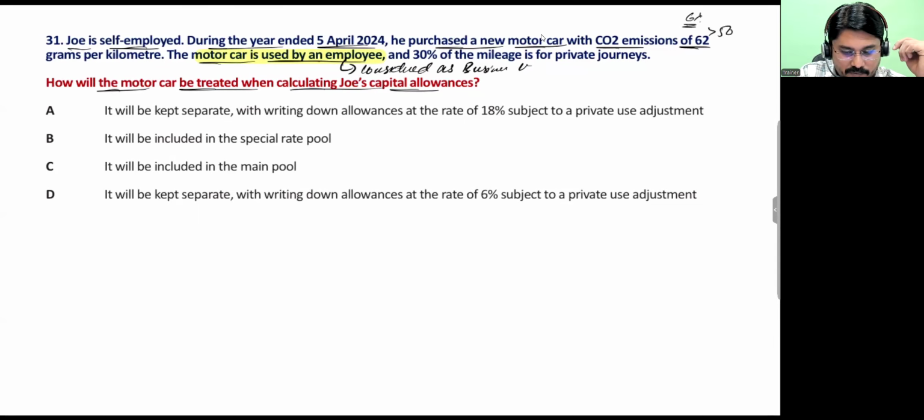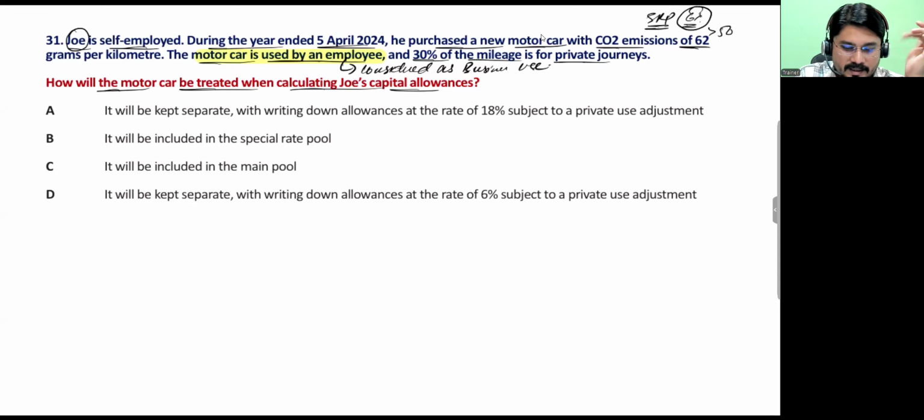If it were mentioned that Joe is using that car, then it would be treated as a privately used asset. But employee use of a car is treated as business use, and if any car is given to an employee, the business/private use distinction is irrelevant for us. So basically, it's 6%. It must be kept in the special rate pool.